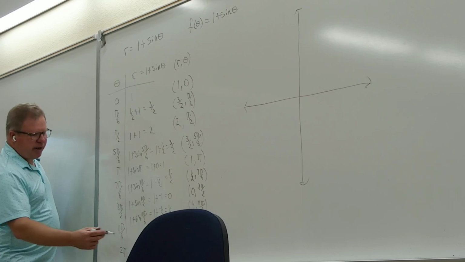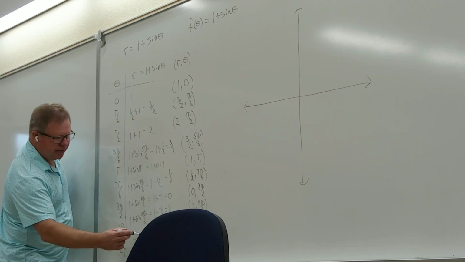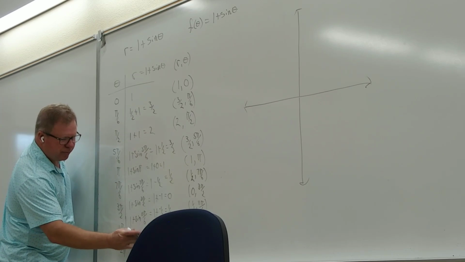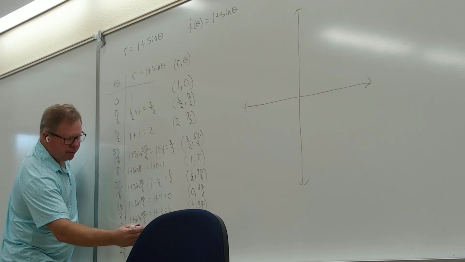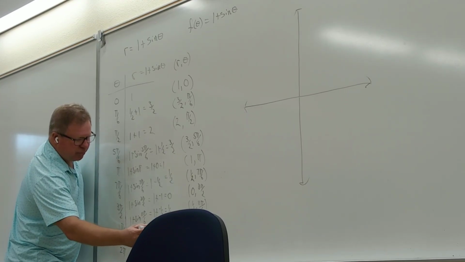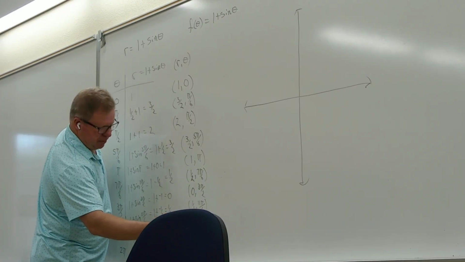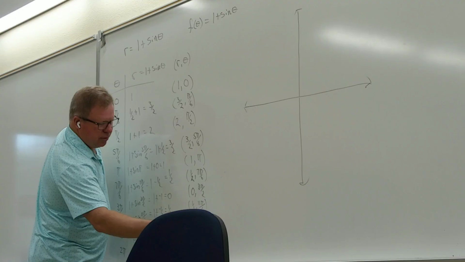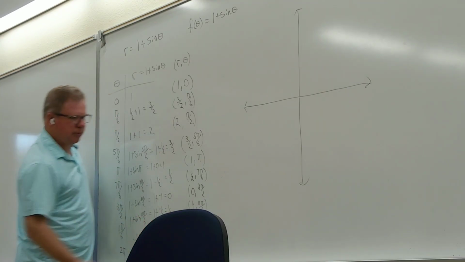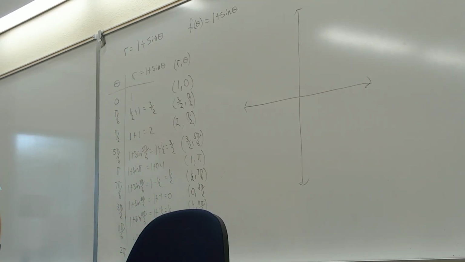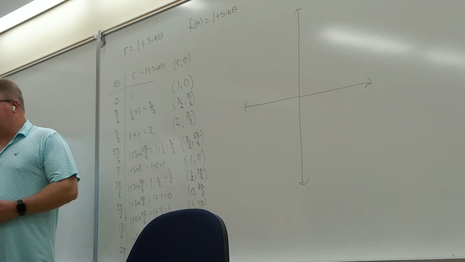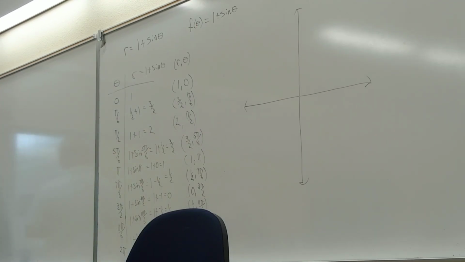And the last one, 2 pi, sine of 2 pi. 0. So we got 1, 2 pi. All right, let's plot these.